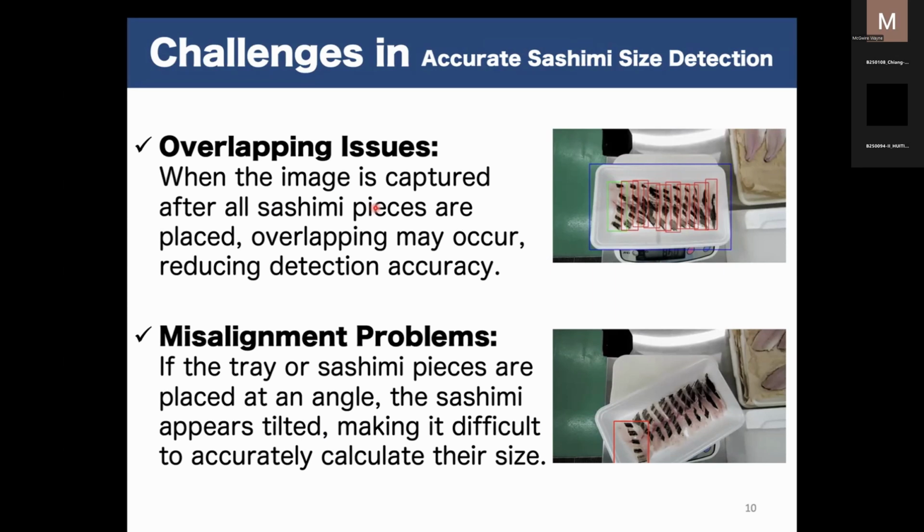And the second one is misalignment. If the tray or slices are placed at a different angle, you can see here in this picture, the standard rectangular bounding boxes misrepresent the actual dimensions, and it impacts our ability to assess size accurately.